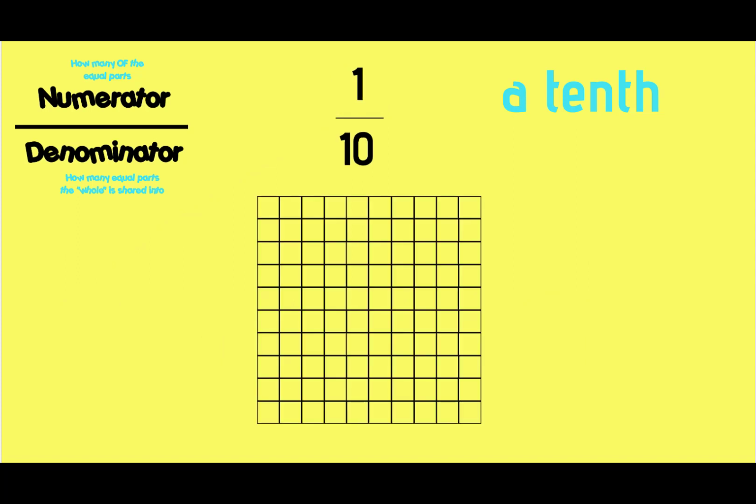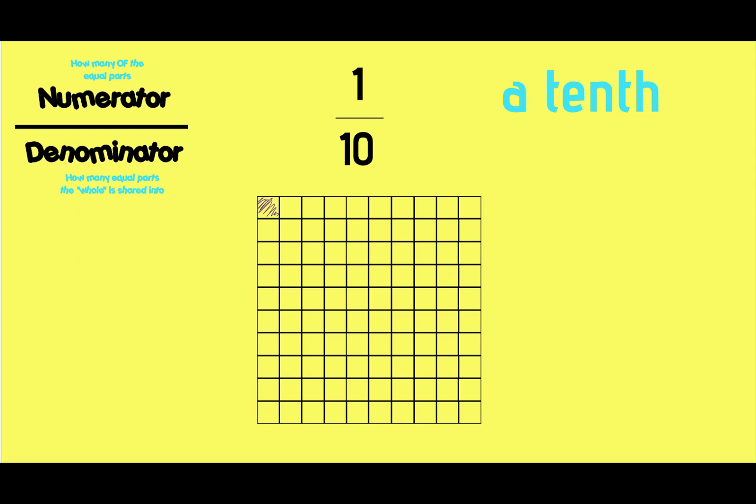We're now going to look at a 100 square, and I want to find a way to shade in 1/10. Okay, so as before, there's loads of different ways. I might shade in 1 and then make sure that there are 9 that are not shaded.